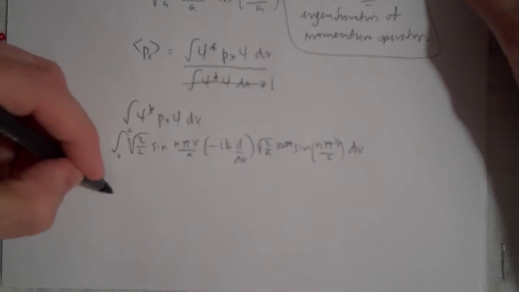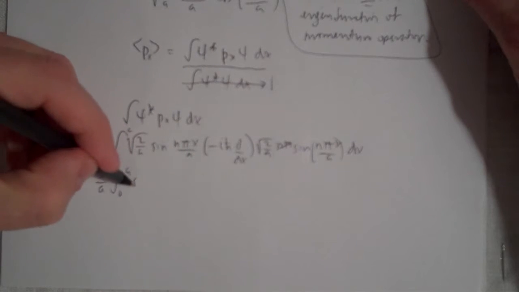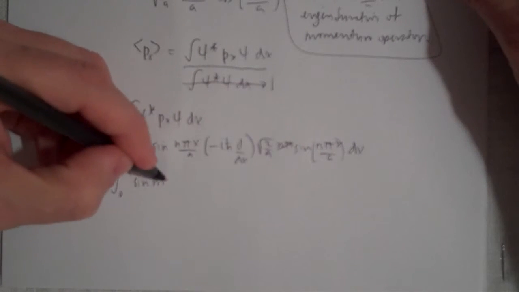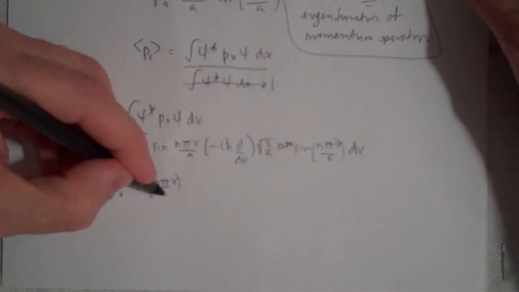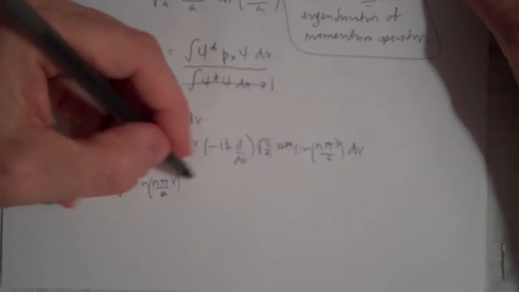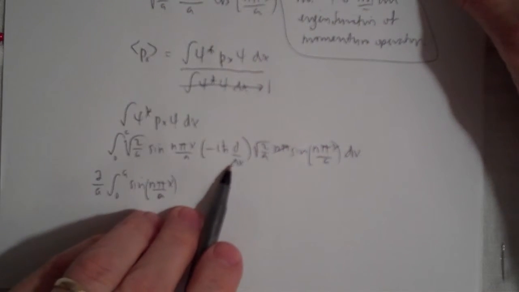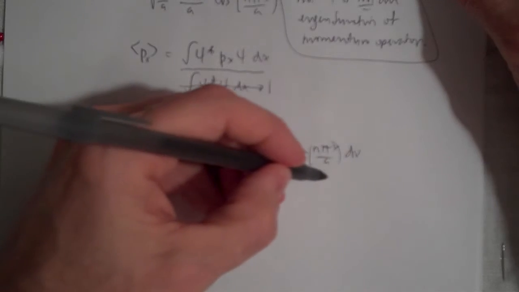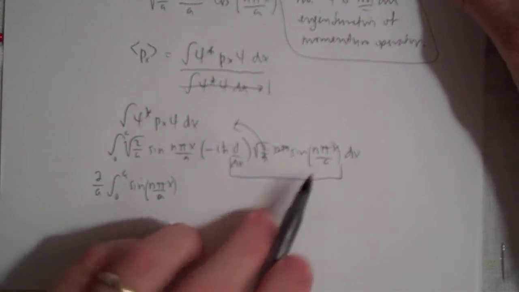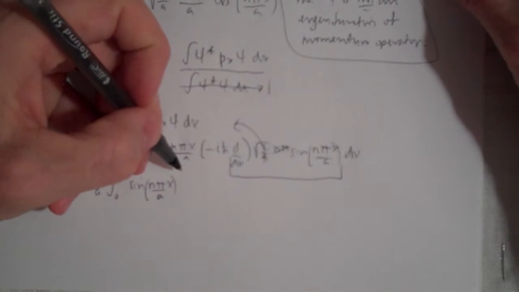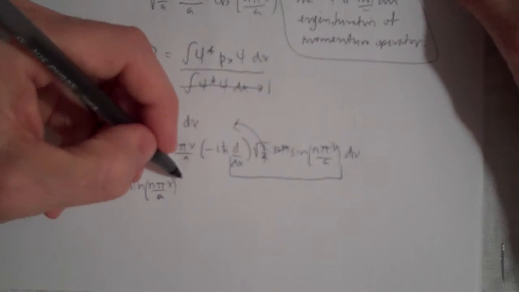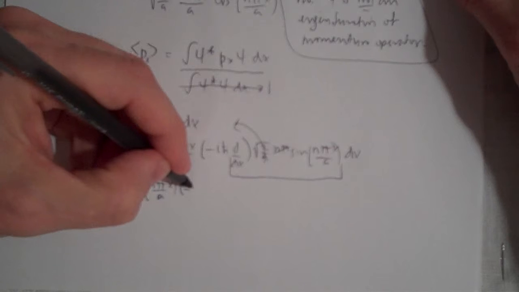Becomes 2 over a, 0 to a, sine n pi x over a. And then now I take this derivative first of all, right? Well, I already took that out front. Okay, what's the derivative of that?